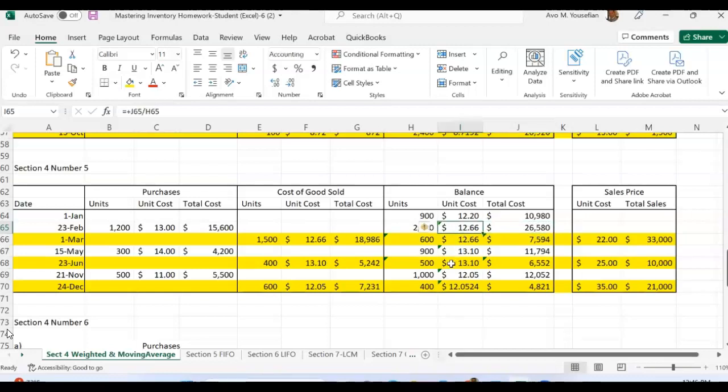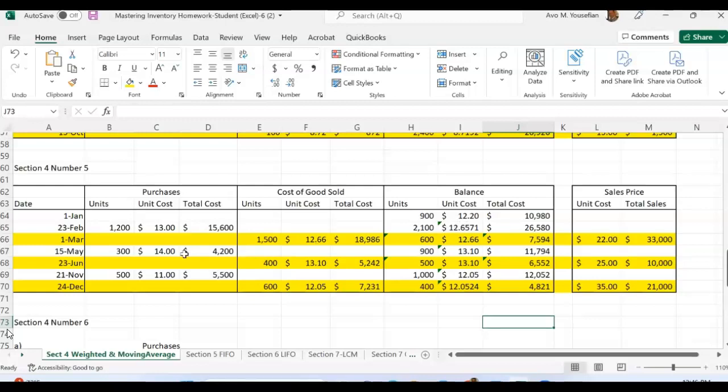Then you go in the middle and you say equals 26,580 total cost divided by total units, 2,100. And there you go. You have $12.66, which you take to 4 decimals. Very important to go for 4 decimals.